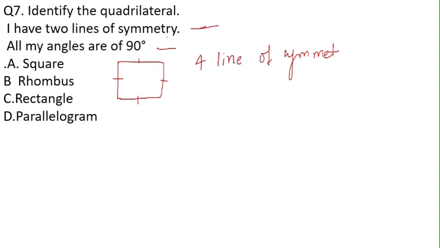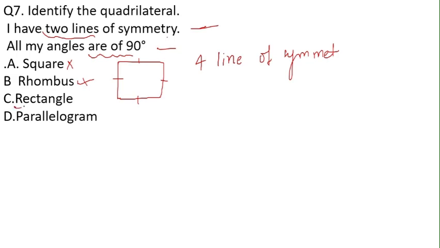So the first option is going to be eliminated because we want 2 lines of symmetry, but square is having 4 lines. If we look at the rhombus, rhombus is having 2 lines of symmetry, but not all the angles are 90 degrees. Please make a note of it. There are 2 lines of symmetry, no doubt, but all the angles are not 90 degrees. So this option is also eliminated.